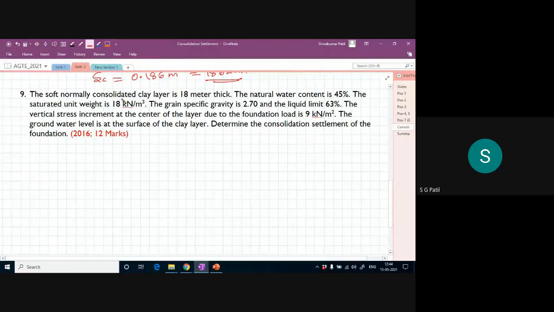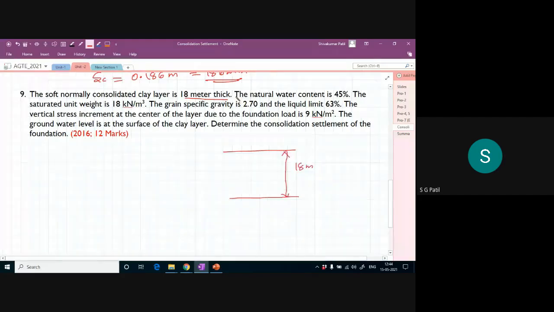The soft normally consolidated clay layer is 18 meter thick. Okay, so first draw the figure. 18 meter thick.